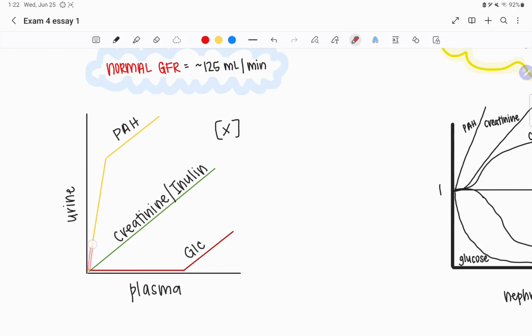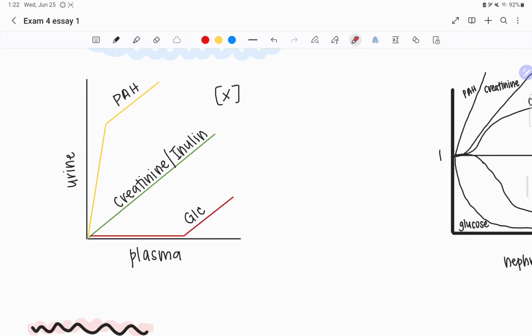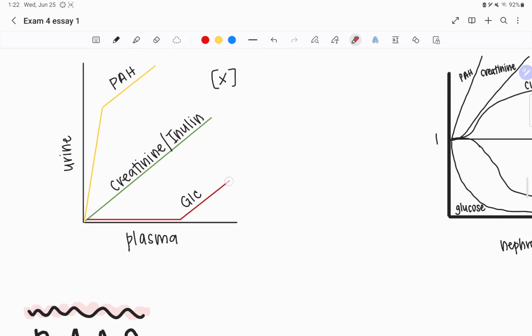And so that's why it's so much higher. Now it starts to level off here, because again, it's saturated, so it can't just keep going on indefinitely. If we've got just so much PAH, then it's going to level off.